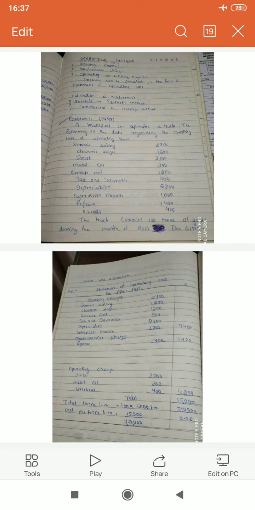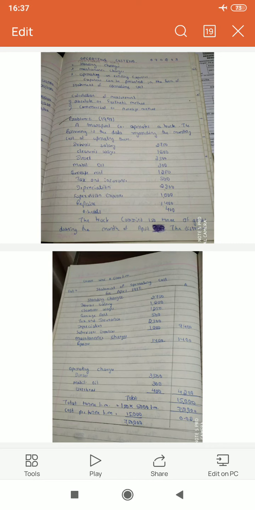But don't laugh at the figure arrived at, because this example has been taken only for the sake of effective understanding of the operative mechanism of operating costing. Now presume Mr. X takes 10 tons covering a distance of 10 kilometers.